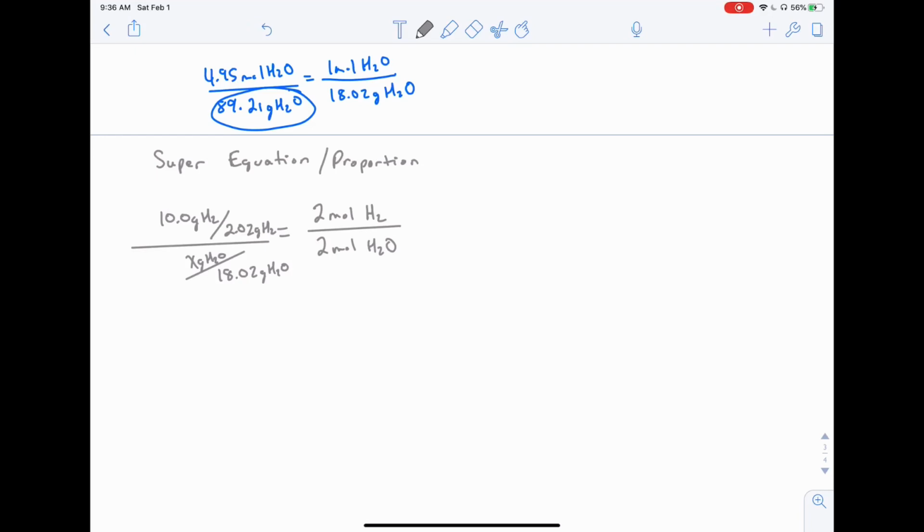Some people might just leave this as moles and then solve it separately, but I'm just trying to show you the super equation. If you cross multiply everything here, you'll get 89.21 because it's still true. It's just a manipulation of the proportion method. Some people might not like this, and that's okay. So the super equation means whatever way it takes for you to get moles on this side and moles on this side, do it, plug it in, and always set it equal to the mole ratio every time.